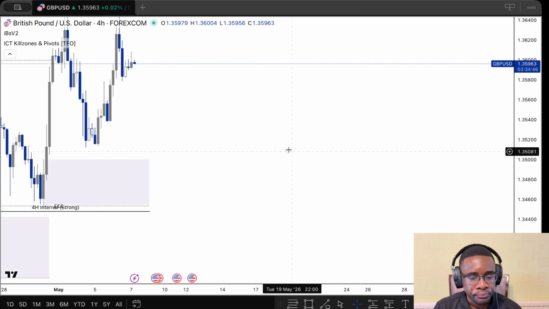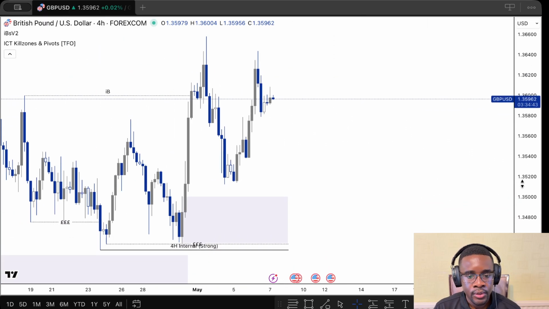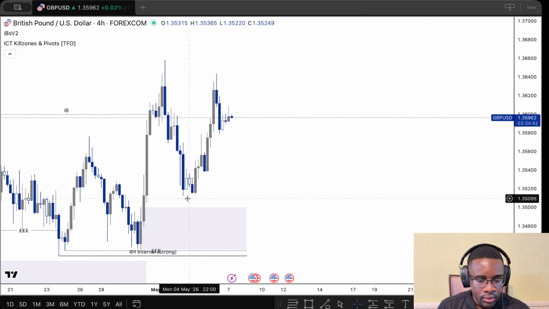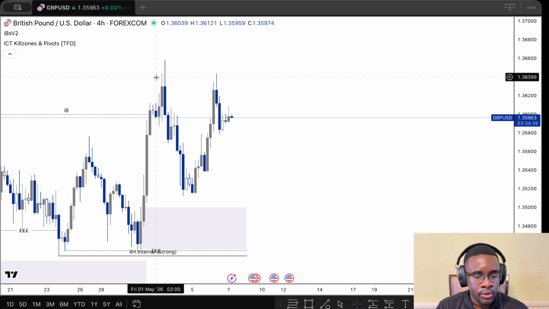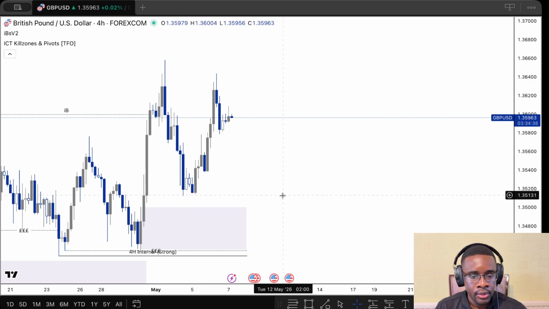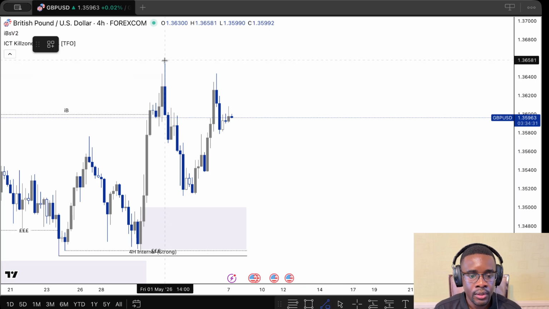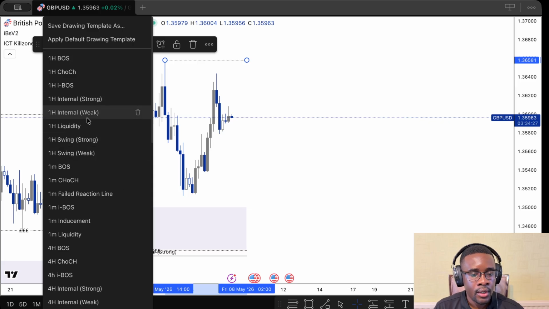Okay, so this is what we have. So after a break of structure, we expect a pullback. We've had that pullback. So this is a weak high.